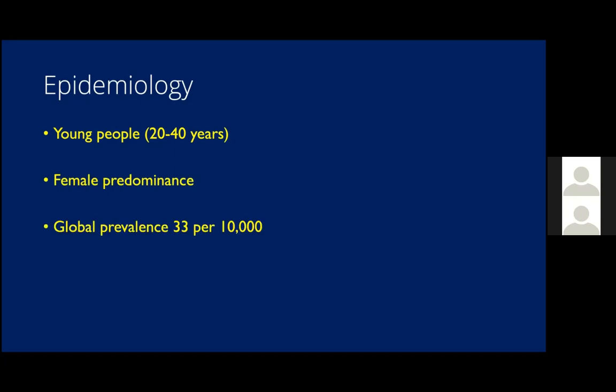The global prevalence of MS is about 33 per 100,000, and it can be up to 150 per 100,000 in endemic areas where it is more common, especially Northern Europe and Northern North America. And it can be as low as 3 or 4 per 100,000 in Asian countries and other countries where MS is not that common.